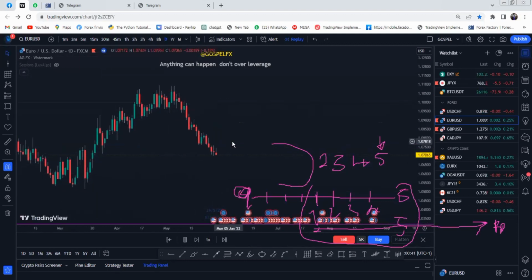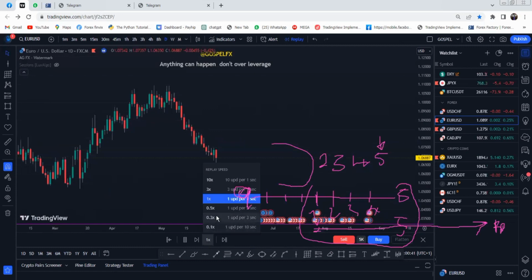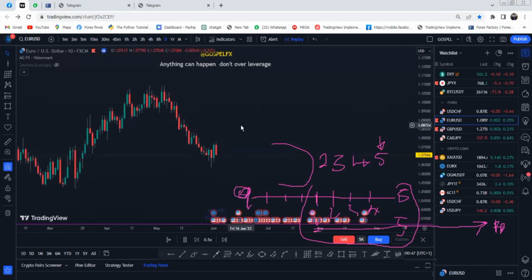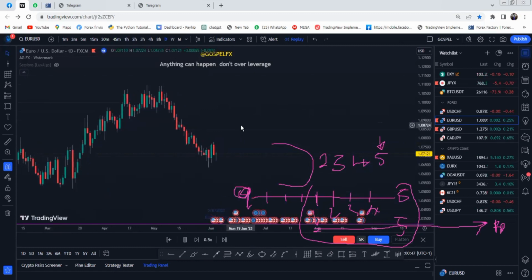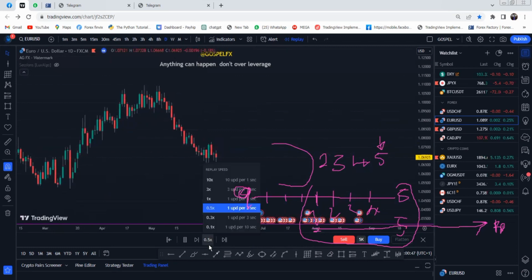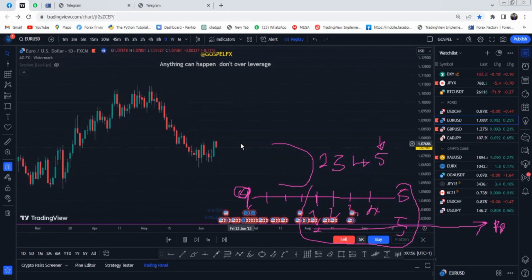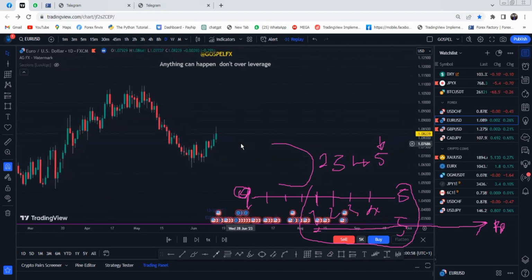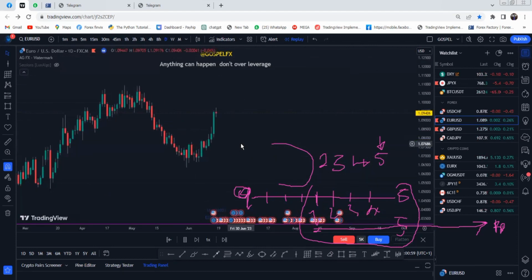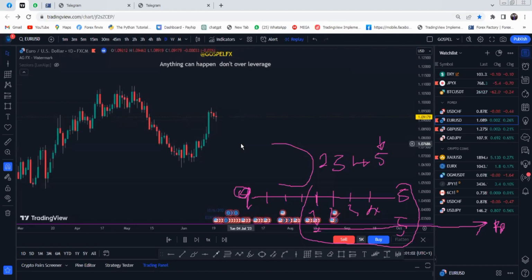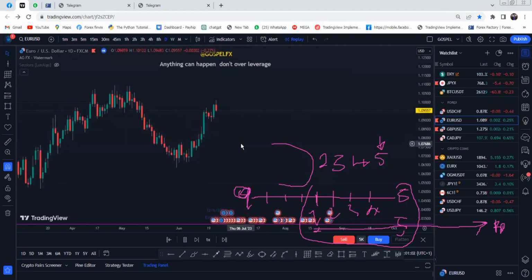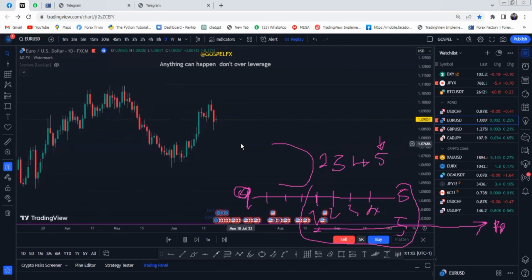Let's put it like this. It's even too fast again. Okay, something like this. It's a little bit faster. This is just to make you understand that during the London session and the New York session, there is high volatility in the marketplace.